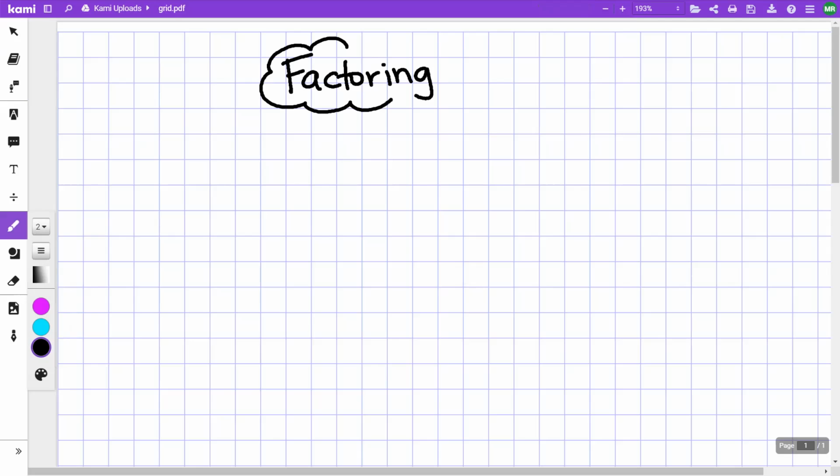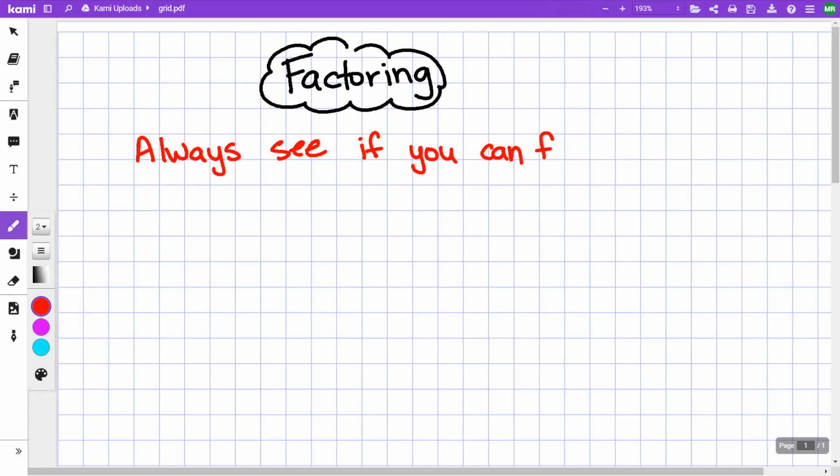I'm going to go through a couple different types, but the very first thing we always want to do when we are factoring is see if you can factor something out of every term.